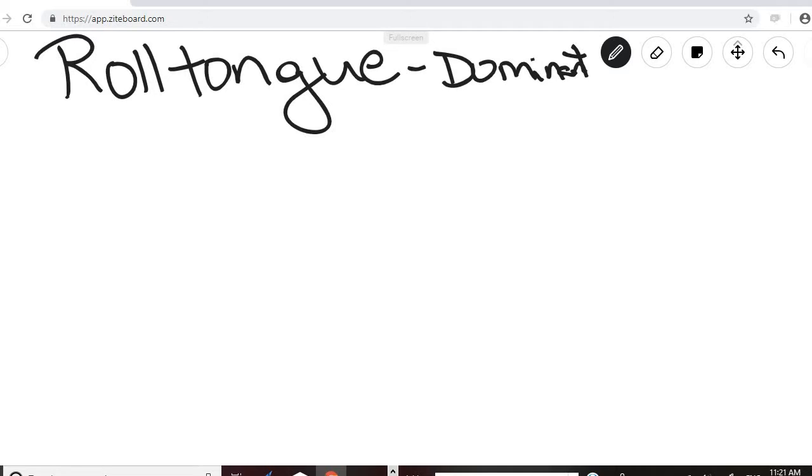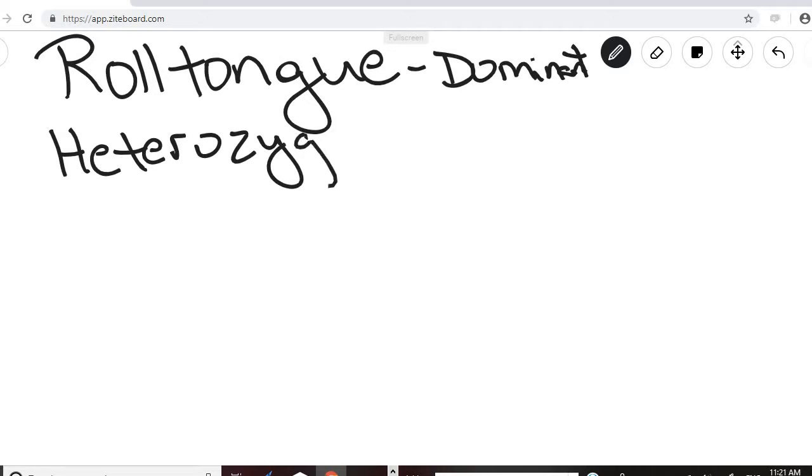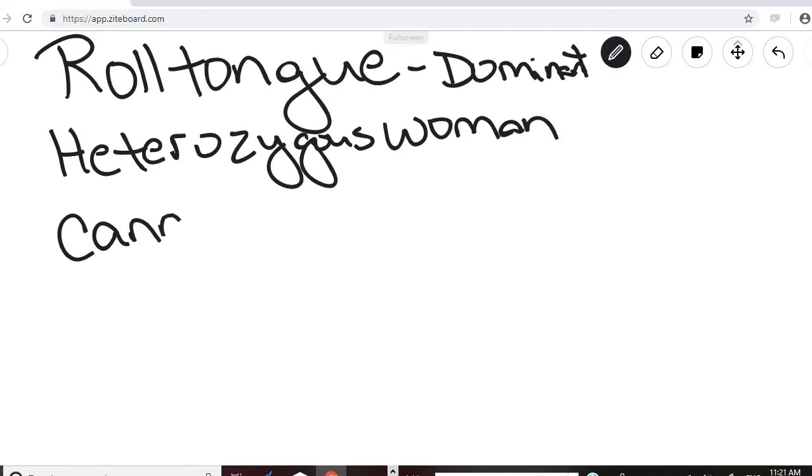So let's say we have a heterozygous woman for this trait, and she marries a man who cannot roll his tongue.